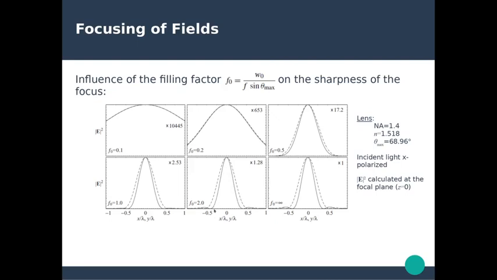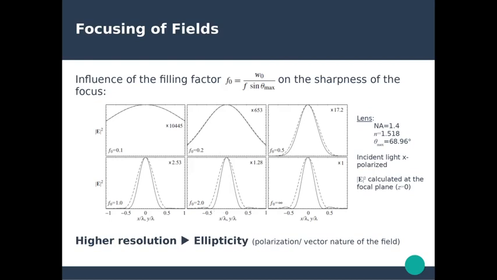So it's actually more focused in the direction orthogonal to the polarization. So this high resolution has a cost, and it's called ellipticity. So this ellipticity is shown by the fact that light is actually polarized. So you have actually a polarization effect, which is due to the vector nature of the field.